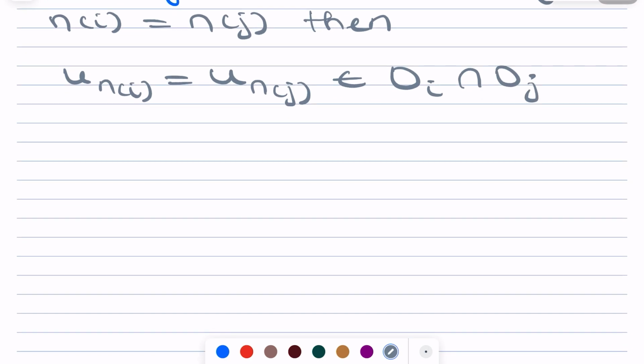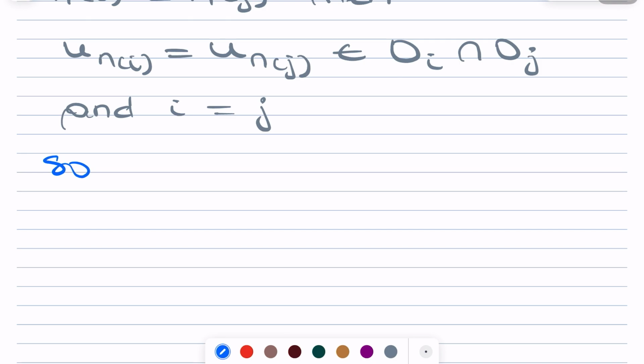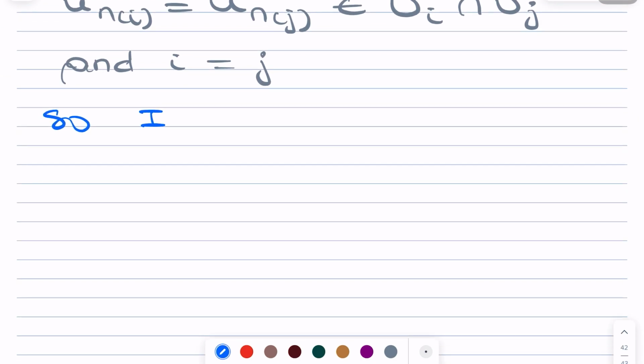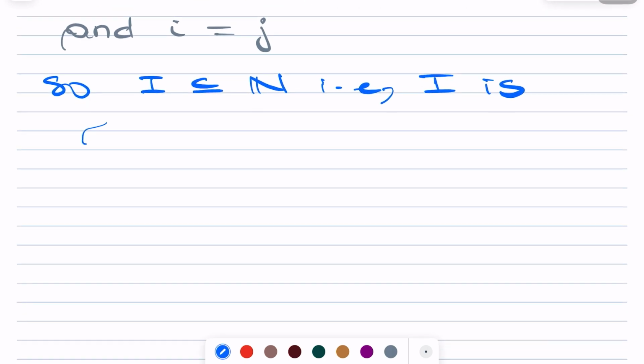And because the O_i are pairwise disjoint, this implies that i is necessarily equal to j. So because this mapping is injective, we have that the index set I is contained in N, and consequently I is countable, which is a contradiction to assumption 3.